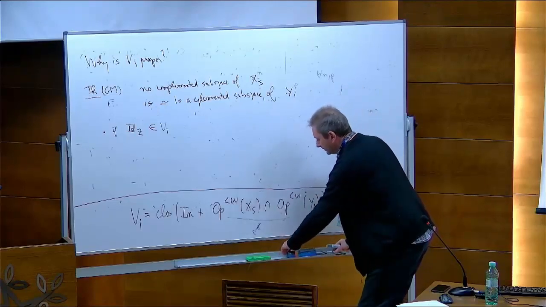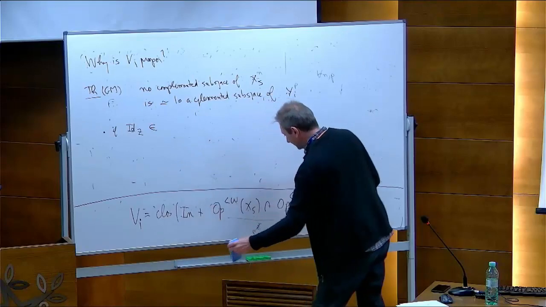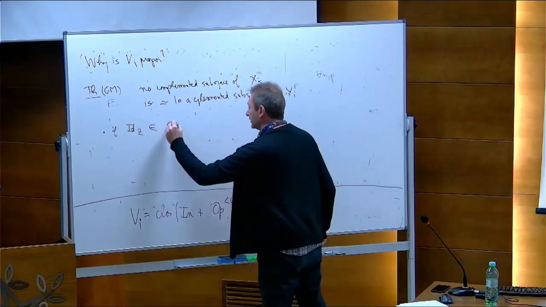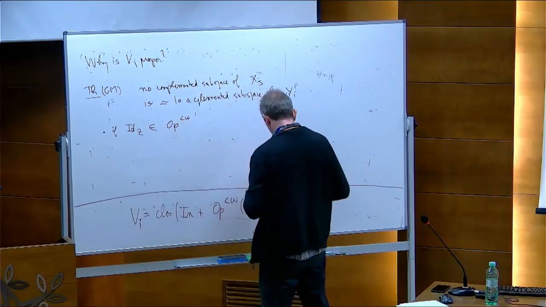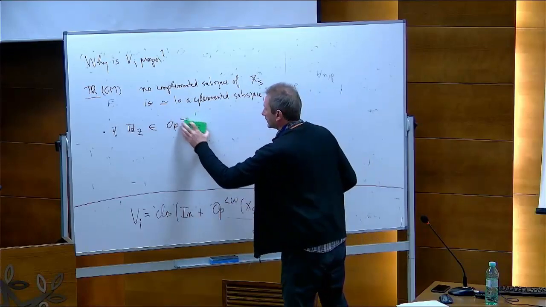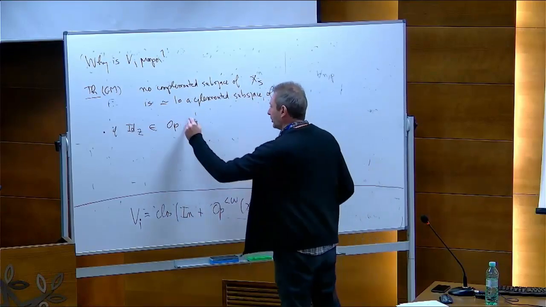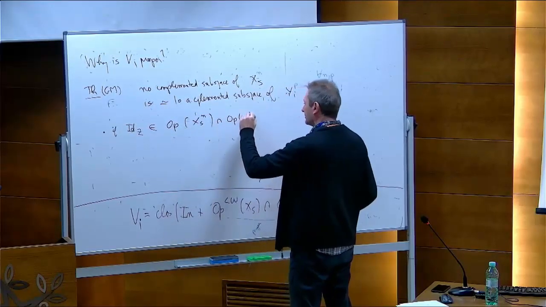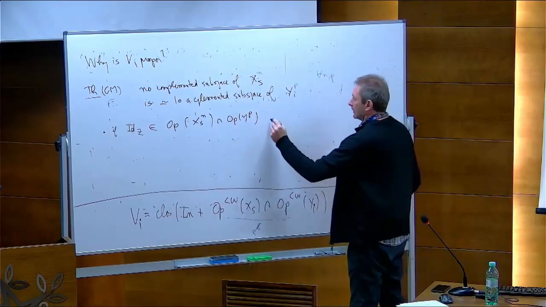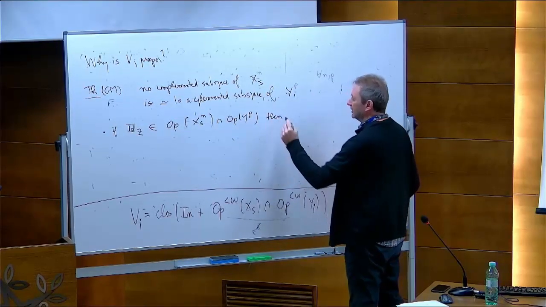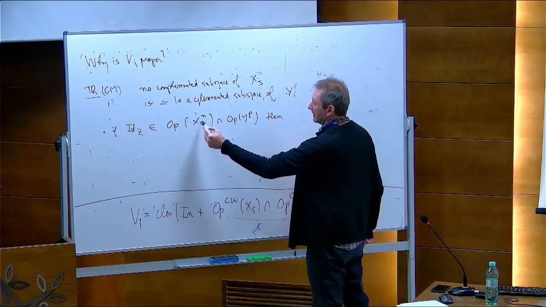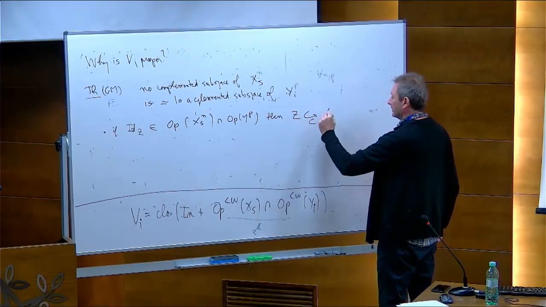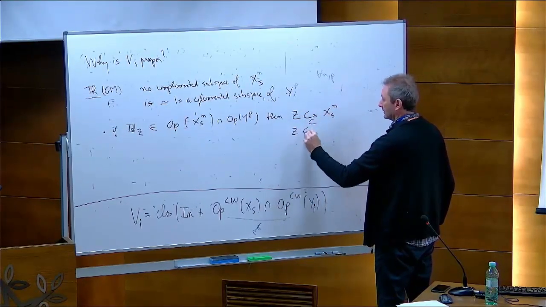So what I mean to take as a hypothesis here, if the identity belongs to this intersection, so let's say directly, Op of X^n and also Op of Y^p for some n and p. But it's really easy to see. If the identity of Z factorizes through X^n, then it's very easy to see that Z embeds complementably in X^n and in Y^p.